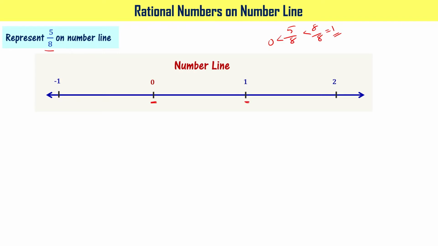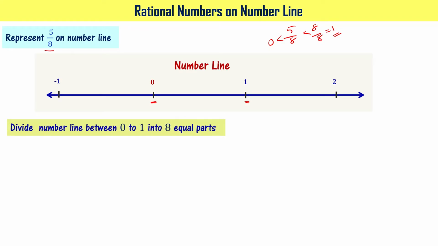Got it? Let's now divide the number line between 0 and 1 into 8 equal parts. When I do that, you see 1, 2, 3, 4, 5, 6, 7, 8. So I have made 7 blue colored lines such that I have got 8 equal parts between 0 and 1. Got it?